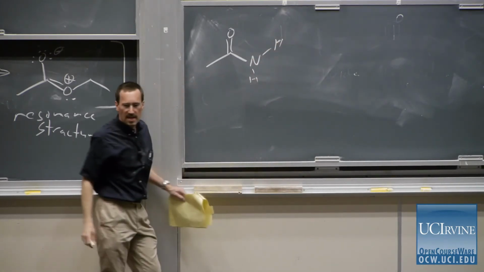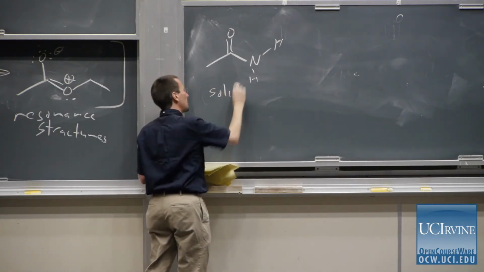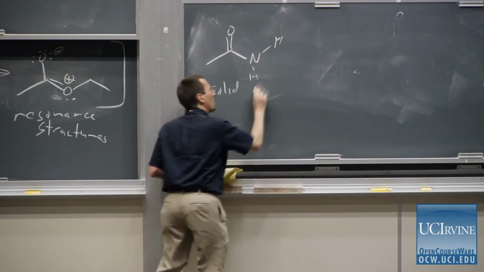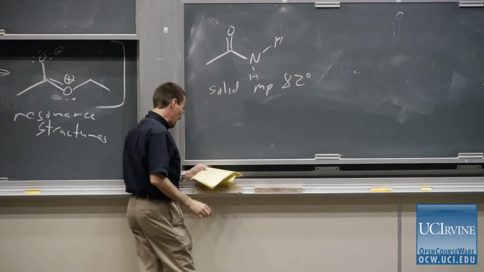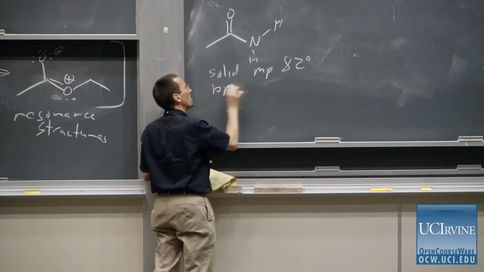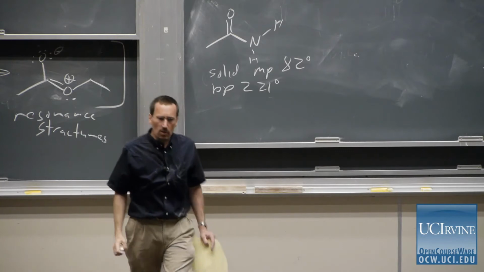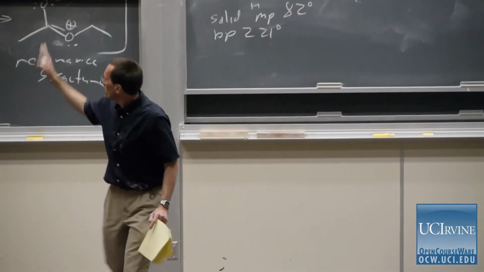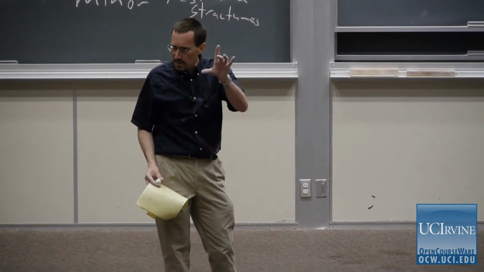with acetamide. And so acetamide, by comparison, is a solid. It's got a melting point of 82 degrees. And if you heat it enough so it boils, it has a boiling point of 221 degrees. So clearly acetamide, even though it's a smaller molecule than ethyl acetate, is much stickier.